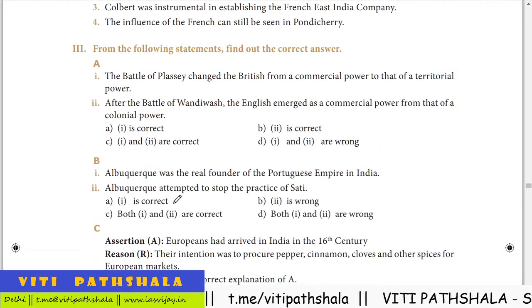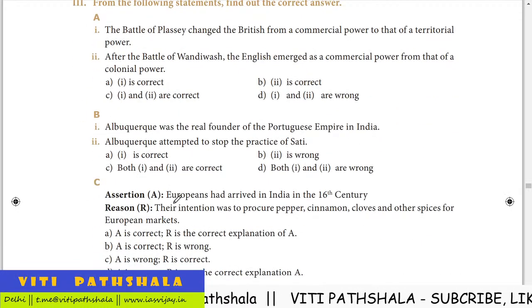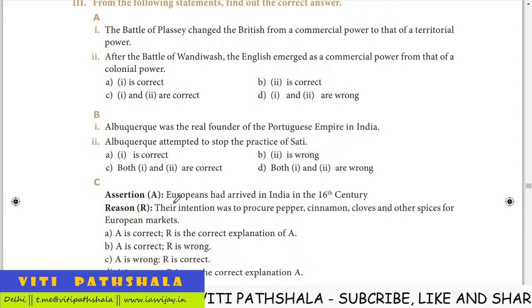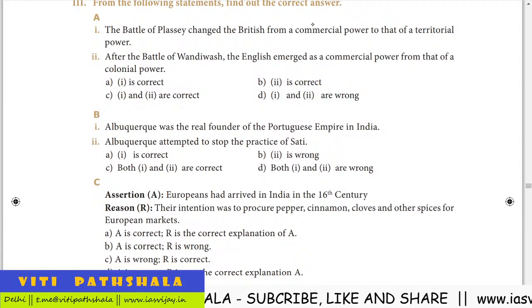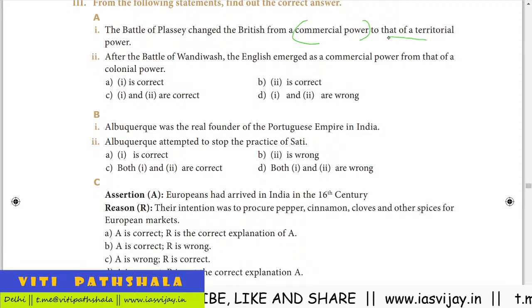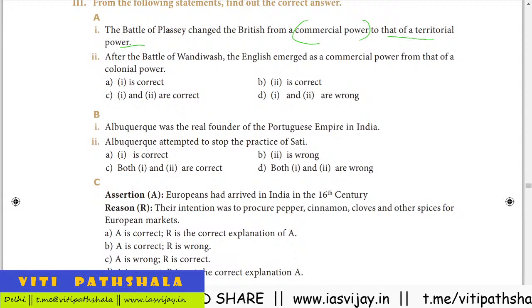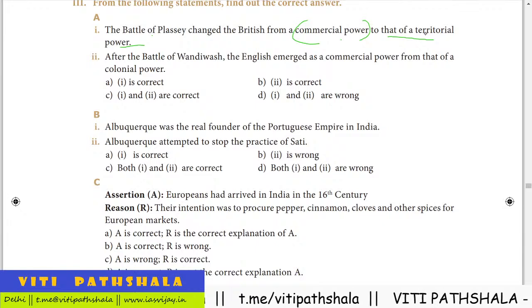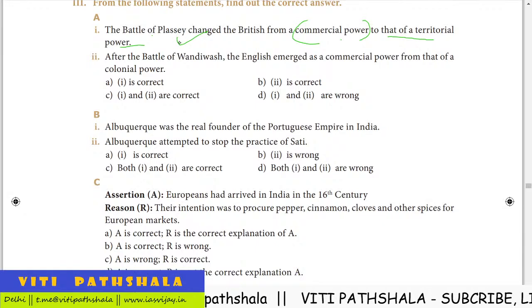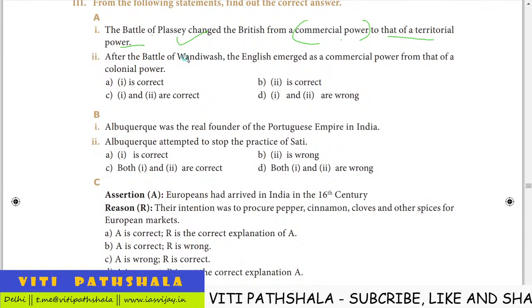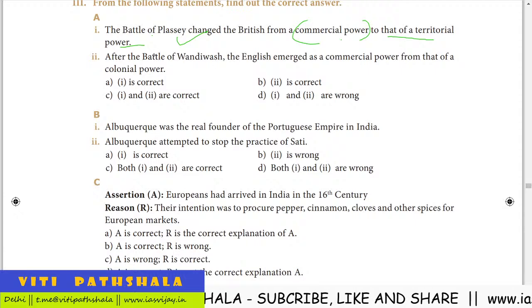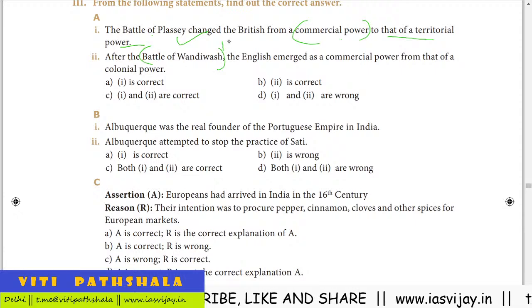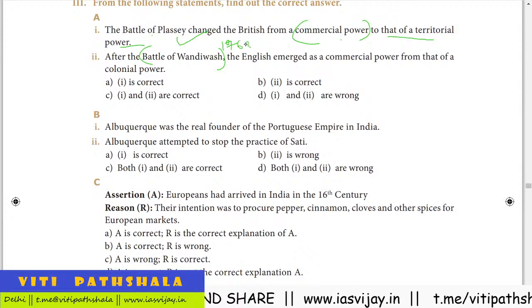Now leave this question, come to these. Now from the following statements find out the correct answer. The Battle of Plassey changed the British from the commercial power to that of the territorial power. तो जो बैटल ऑफ प्लासी थी उसने ब्रिटिशर्स को कमर्शियल पावर से टेरिटोरियल पावर बना दिया. Yes, that was correct. After the Battle of Wandiwash, the Battle of Wandiwash हुई थी 1763 में. ठीक है.